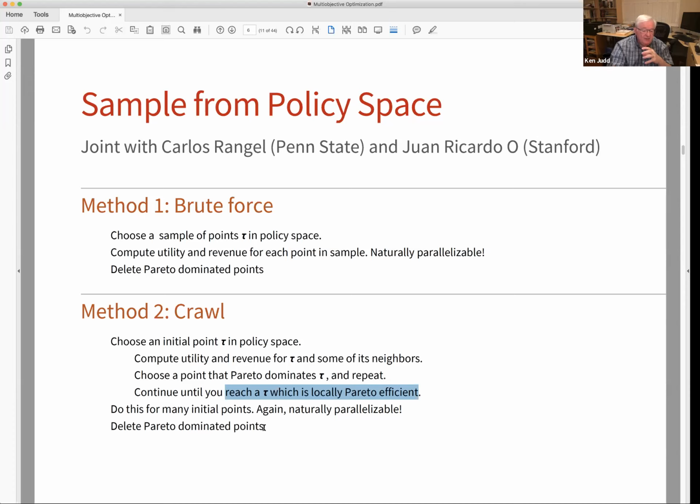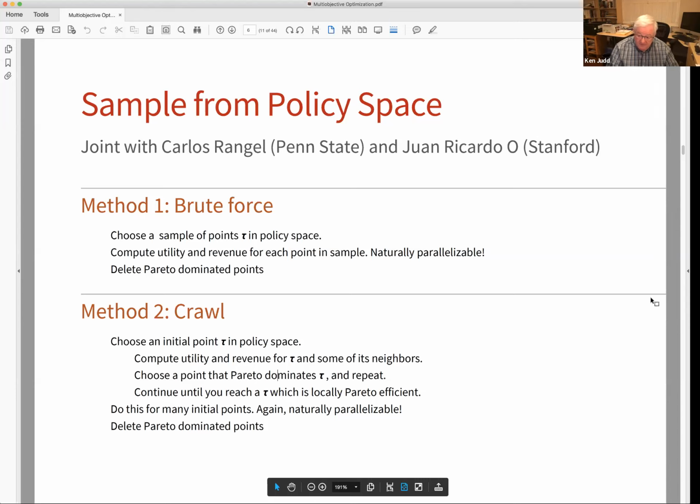Now, in the last step, where you collect all the points you have and then delete the Pareto dominated points, if you just got a local solution in this crawling, then that gets wiped out in the step where you delete the Pareto dominated points. So your stopping rule is basically just a local stopping rule, and there may be multiple locally Pareto efficient points, but then you collect them with ones that are better, and they disappear.